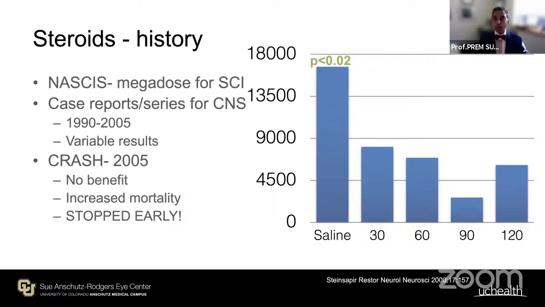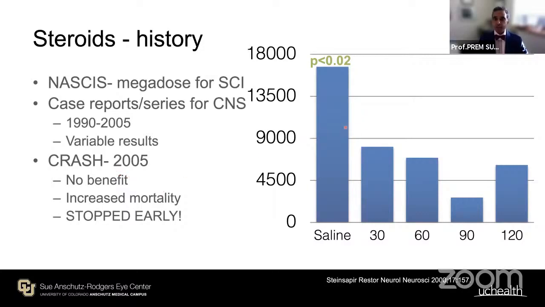Now here, there had been a previous spinal cord injury study, where megadose steroid, 30 milligrams per kilogram loading dose, and then 5.4 milligrams per kilogram per hour for 23 hours was given, and it helped spinal cord injury patients. But then when it was tried on head injury patients in the study aptly named CRASH, this showed not only that there was no benefit for this megadose steroid, but there was increased mortality.